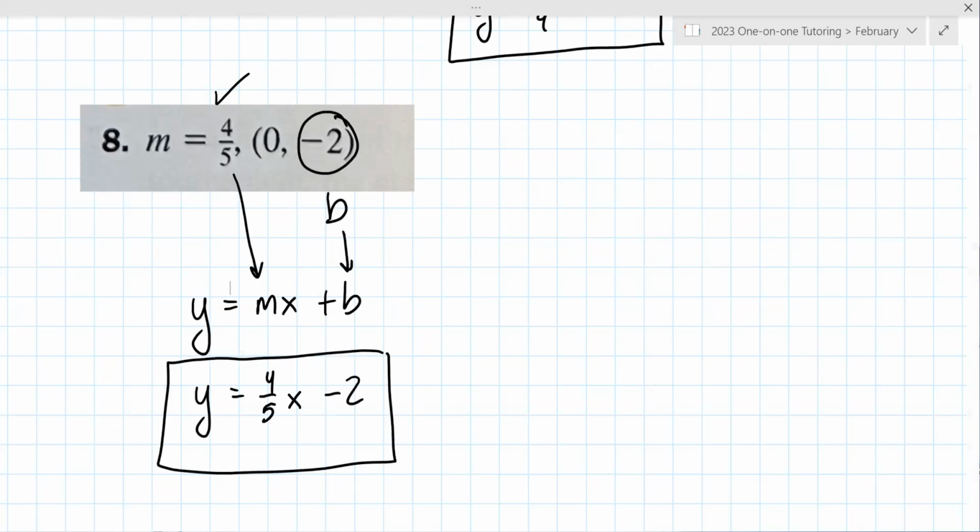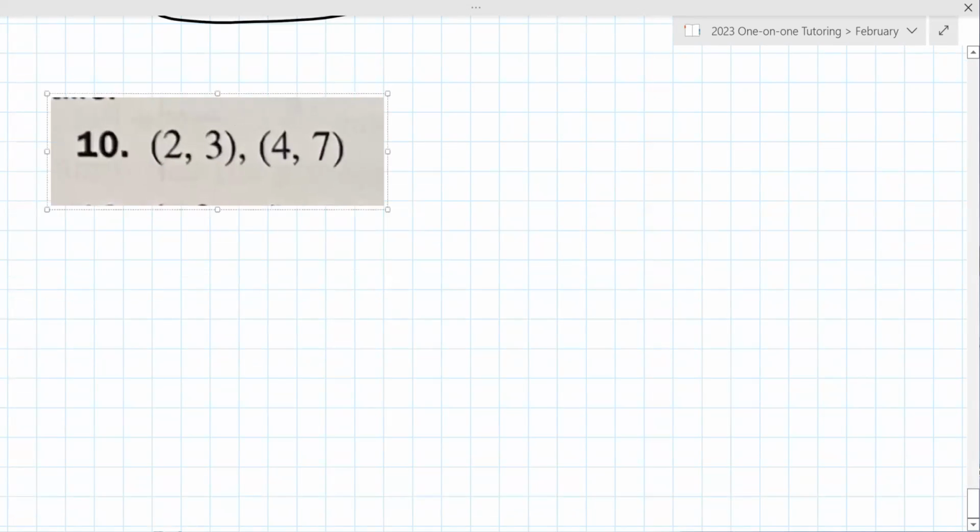Maybe it gets a little harder, and it does. Okay, so 10 is a little bit more difficult because you have to find the equation of a line. It says write an equation of a line passing through the 2 given points. So first you have to find the slope. That's why we learned that formula from earlier, y2 minus y1 over x2 minus x1, okay?